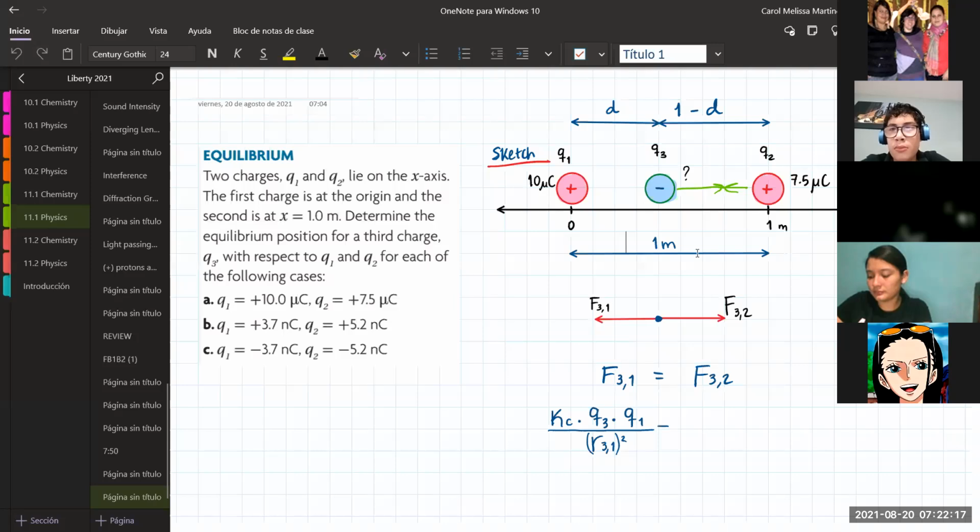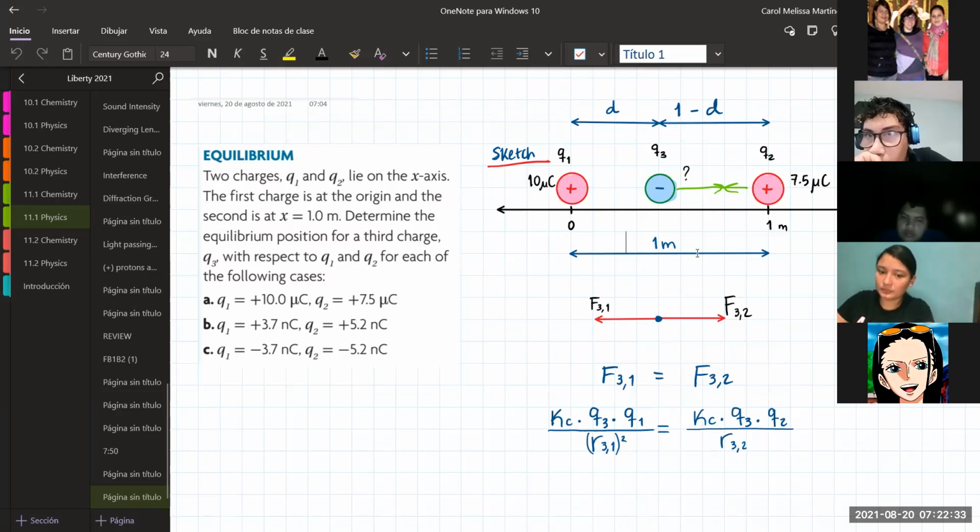And on the other side, we are going to have force 3,2, that is Kc times Q3 times Q2 divided by the distance 3,2 to the second power. That is the definition of the two forces.